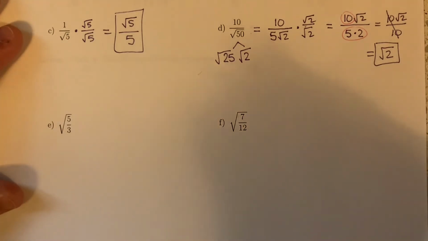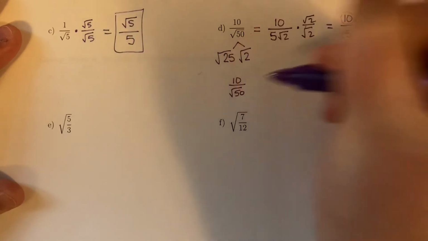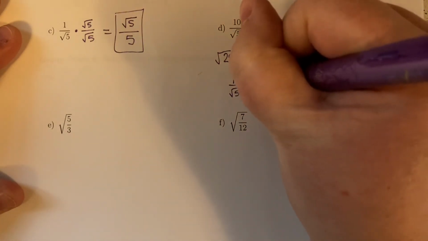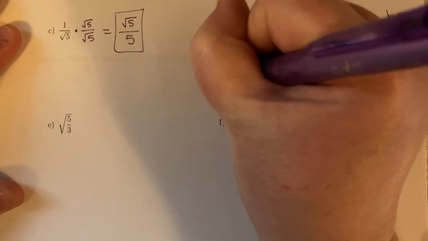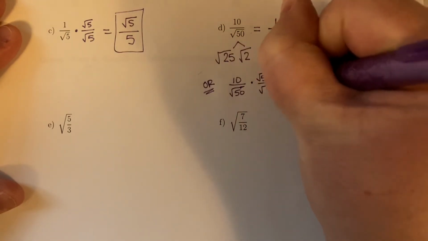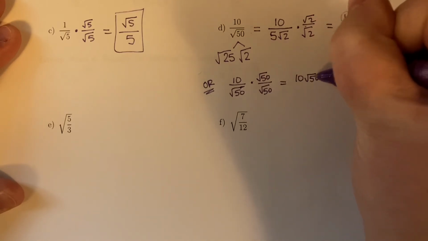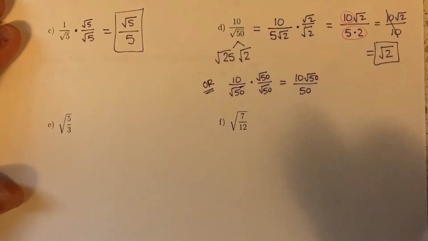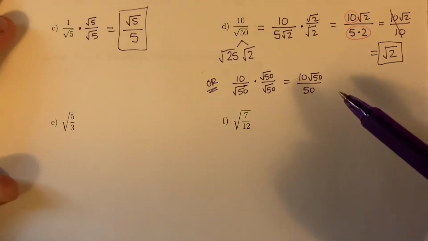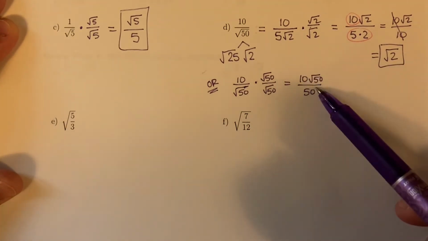Let's do it the other way just because, you know, I said it'd be the same thing, so we may as well see what that looks like. So if I multiply top and bottom by square root of 50, then I get 10 square root of 50 over 50. But we're still left with, I need to simplify the square root, right? So that step doesn't go away.